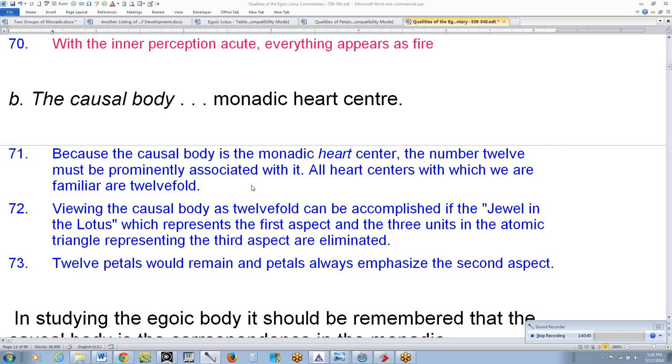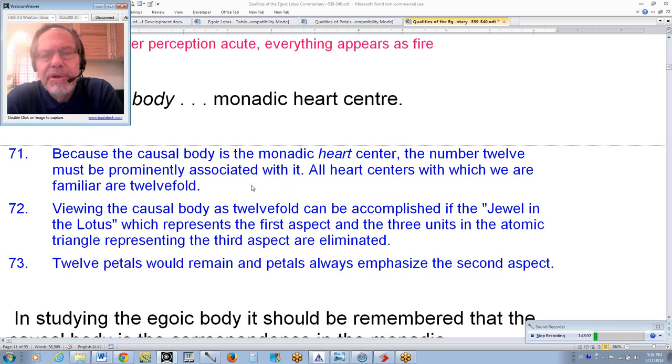And of course, because it is a heart center, the number 12 is always associated with heart centers. The heart and the head of the one about whom naught may be said, we are told, is the zodiac itself, zodiac of constellations. Heart centers all the way up, at least as far as we can see, seem to be associated with the number 12.